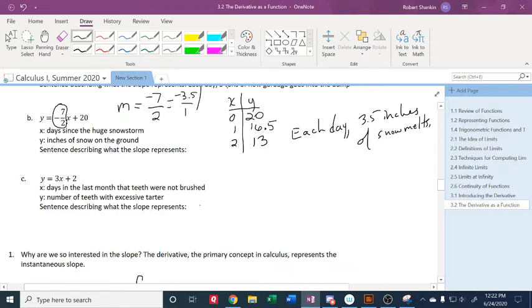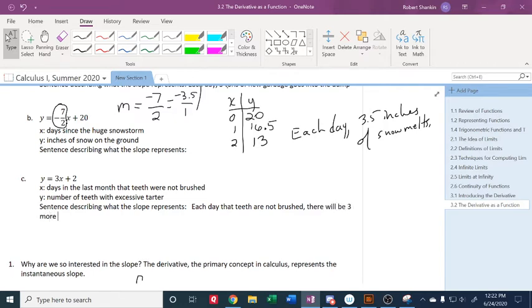All right, so each day that teeth are not brushed, there will be 3 more teeth with excessive tartar. Okay.